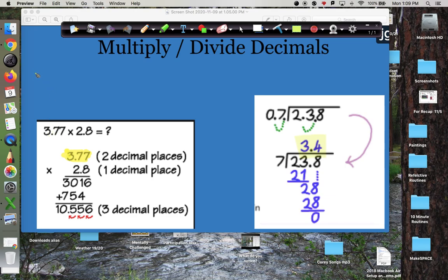Because ignore is not really a mathematical word. So when we say ignore, what do we really mean? Because ignore is not really mathematical. And really what we say is multiply.